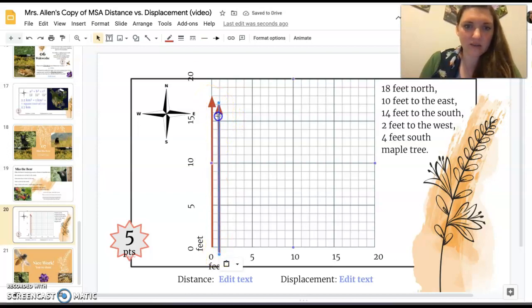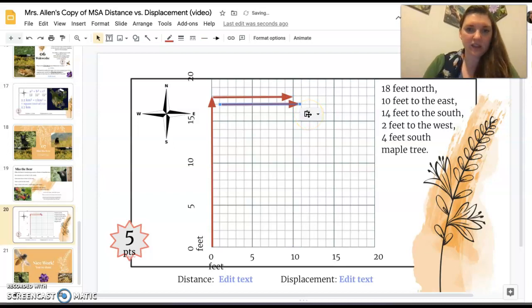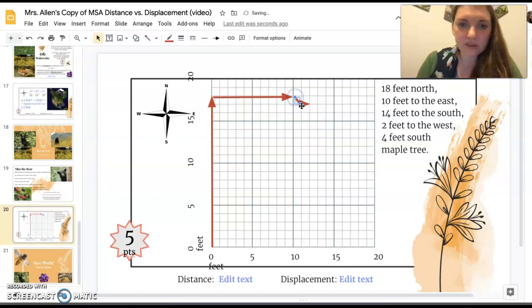Then 10 feet to the east. I'm going to start right there. There's 10. Okay, then 14 feet to the south. So there's 3, 6, 9, 12, 14.